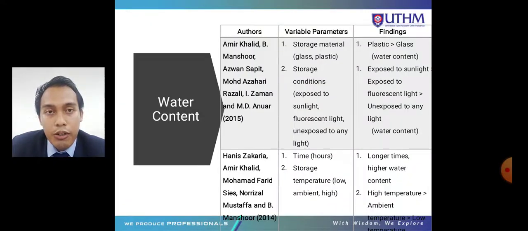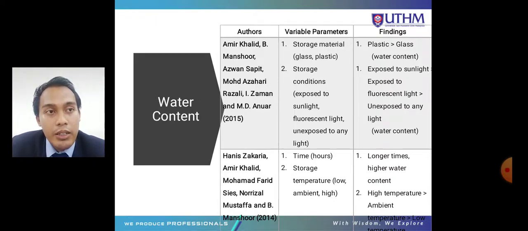So for the water content of the biodiesel, Ahmed Khalid's research compared biodiesel stored in glass and plastic, and exposed to sunlight or fluorescent light or unexposed to any light. It showed that samples stored in glass have a lower water content compared to plastic after a certain period of time.